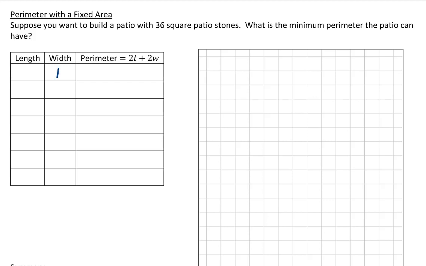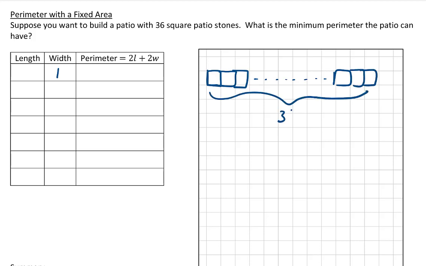So we're going to have 1 stone. And we have 36 of them, so we're going to keep on adding these stones. And that's going to give us 36 stones for our length. So if we want to find the perimeter, remember, perimeter is the distance around the object.